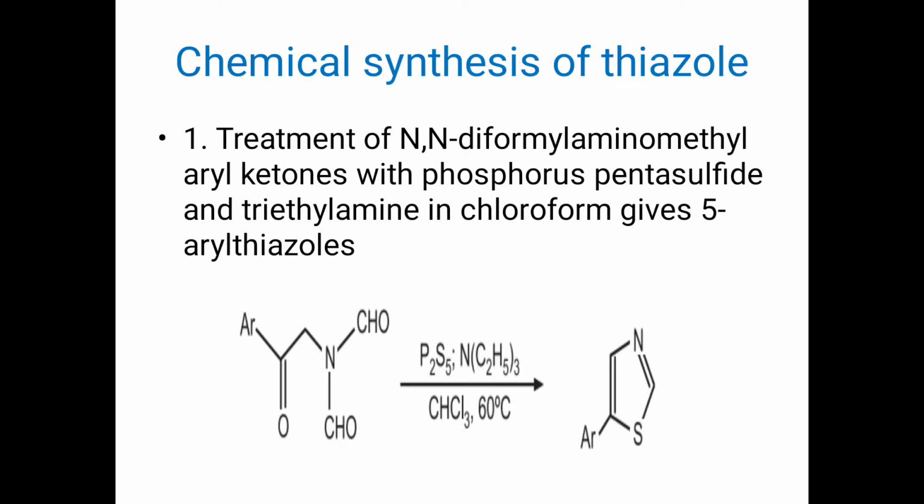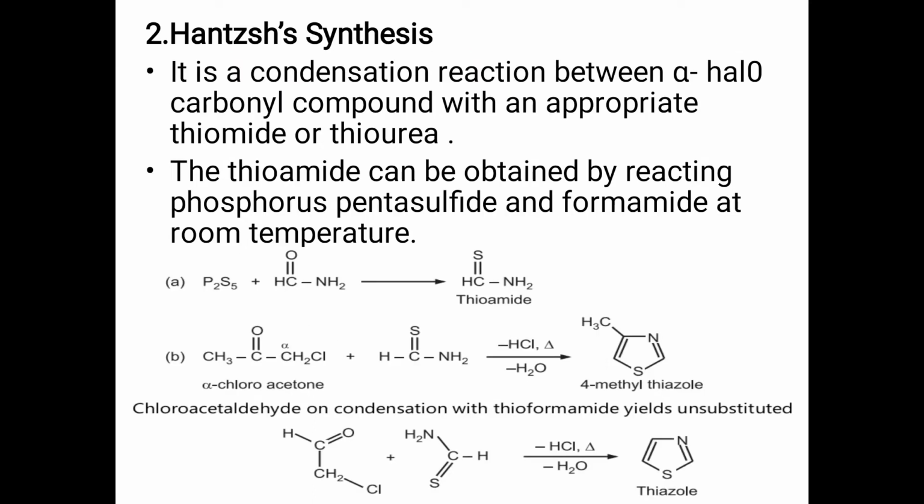Then is the chemical synthesis of a thiazole. First is the treatment of N,N-diformyl aminomethyl aryl ketone with phosphorus pentasulfide and triethylamine in chloroform, which gives 5-aryl thiazole. So here's the reaction which represents the synthesis of a thiazole. Then is the Hantzsch synthesis. It is a condensation reaction between an alpha halo carbonyl compound with an appropriate thioamide or thiourea.